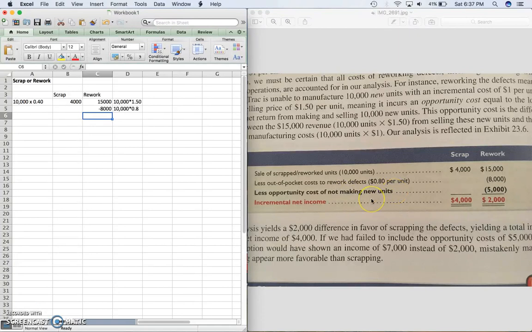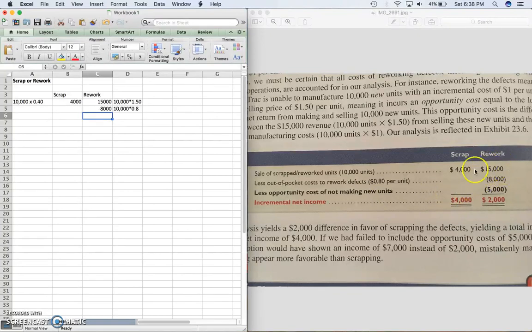What that means is that reworking the defects means that Fast Track won't be able to manufacture 10,000 new units with an incremental cost of $1 per unit and the selling price of $1.50 per unit, which was the full price, meaning that it incurs an opportunity cost equal to the lost $5,000 net return from making and selling 10,000 new units.